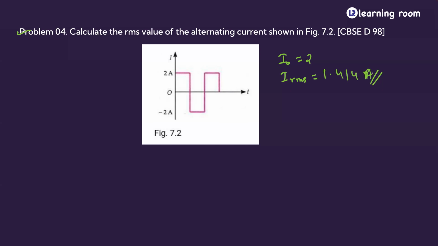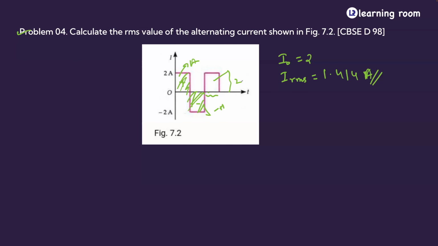You cannot, because I average is completely different from IRMS. They both are not related. In the graph, it is easy to find I average. This is plus A, this is minus A. In the rectangle, I can multiply the width and height, divided by time.